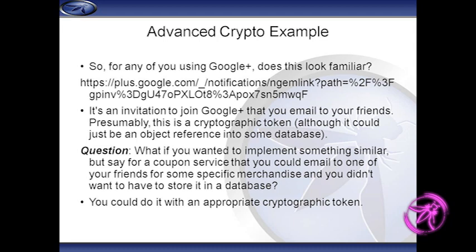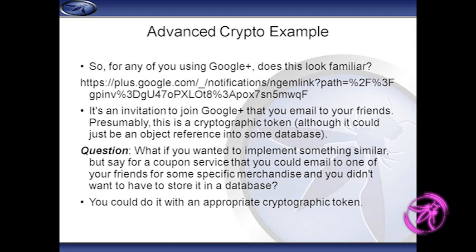As a related example, if you wanted to implement something similar, but for a coupon service that you could email, how would you do that? Well, you could do it if you had the appropriate cryptographic token.